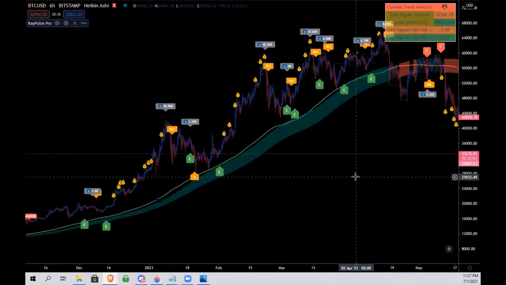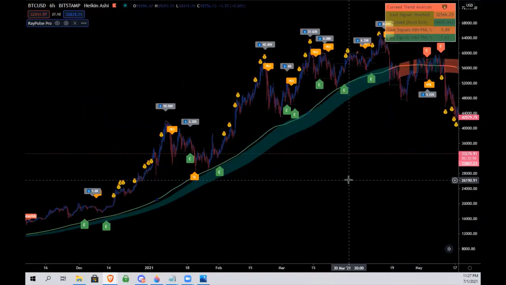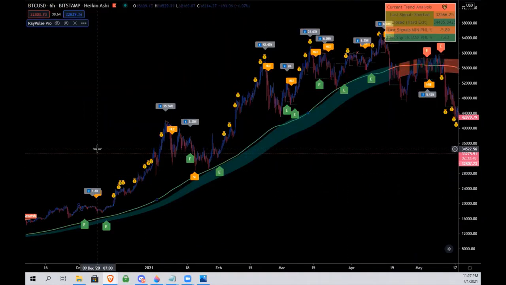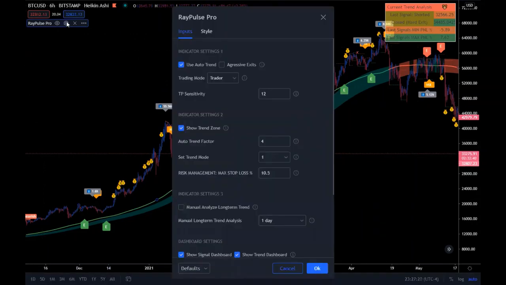The first thing we'll talk about is the investor mode. So what investor mode does is uses on-chain data coupled with the underlying strategy to give investor entry positions. And we can turn investor mode on in our settings by changing the mode here from trader to investor.